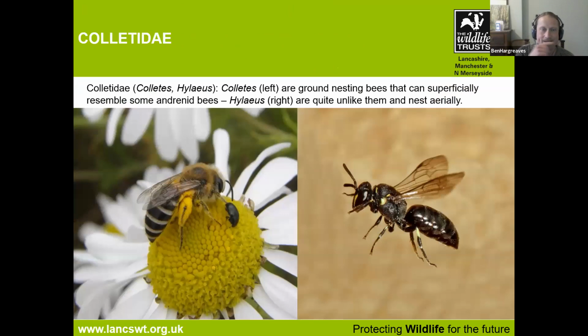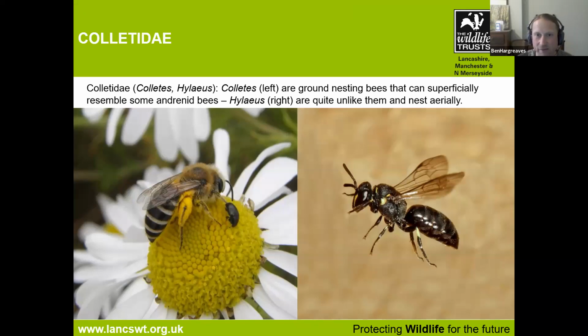Yeah, moving on to a much smaller family, Colletidae. These are quite primitive bees. Colletes, the ground nesting bees, resemble to an extent some Andrena. Hylaeus to the right, very, very different.